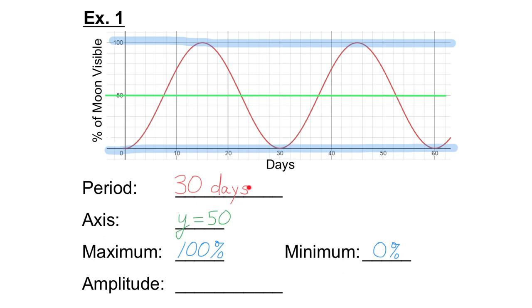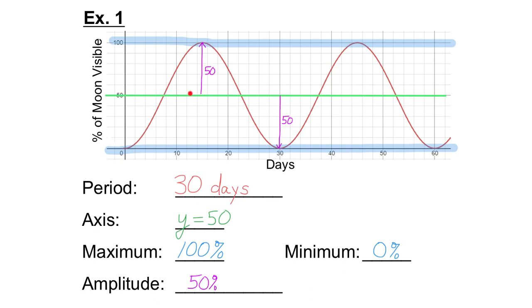So the period is 30 days. That means one cycle of this function takes 30 days. The axis is y equals 50. That's the halfway point between the maximum of 100% and the minimum of 0%. The amplitude had a definition, the distance between the axis and the minimum or maximum values.